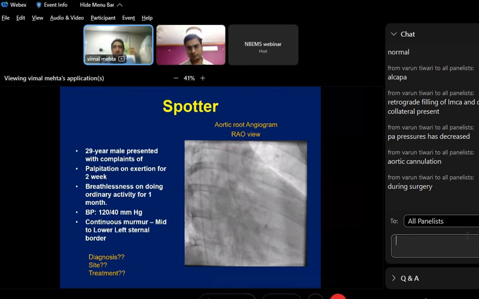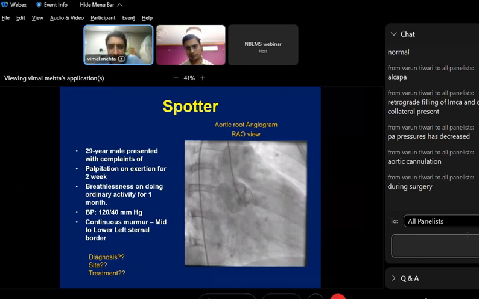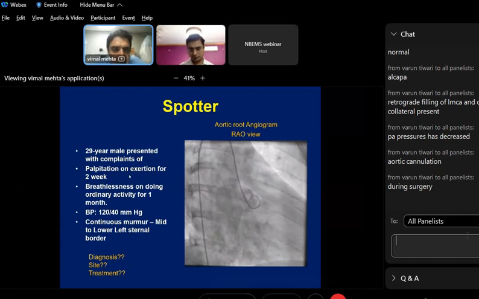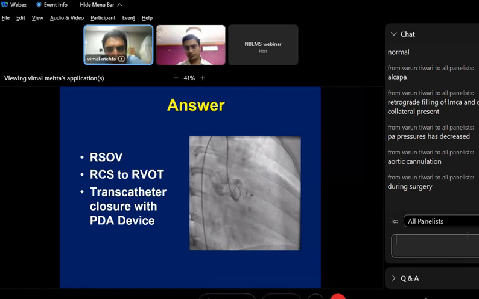Very good, I am impressed. Acute or subacute presentation which requires immediate management, and you find a continuous murmur on the left side at the mid or lower left sternal border. And typically they can be well managed with a device closure, typically with a PDA device.